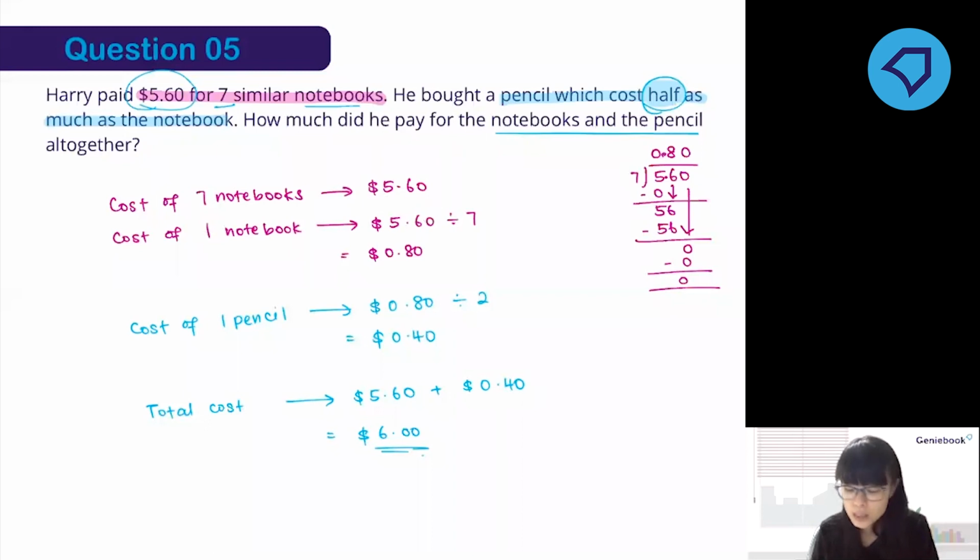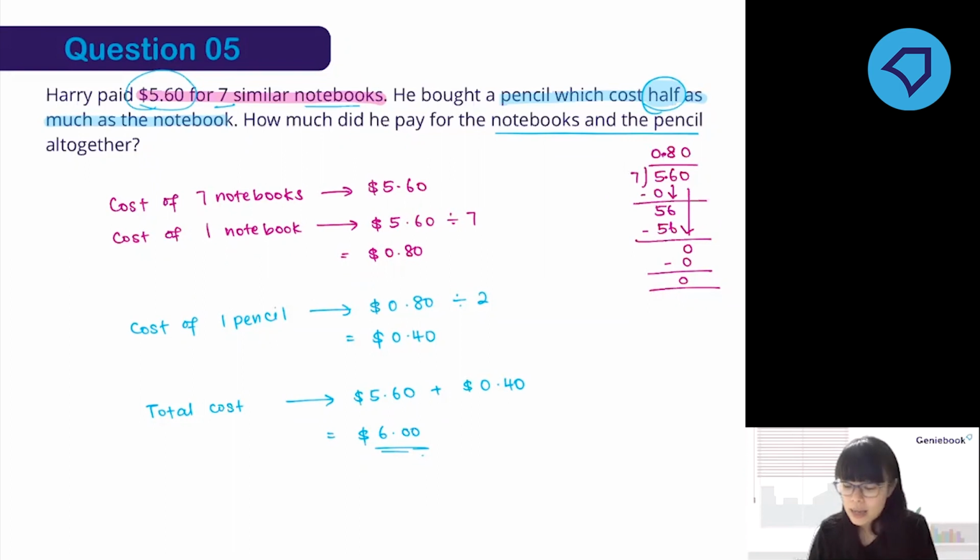So from here, we need to find the cost of one notebook. In order for us to find the cost of one notebook, we need to take the total cost, divide by the number of notebooks that he bought, right? So one notebook actually costs 80 cents because you do your long division over here.